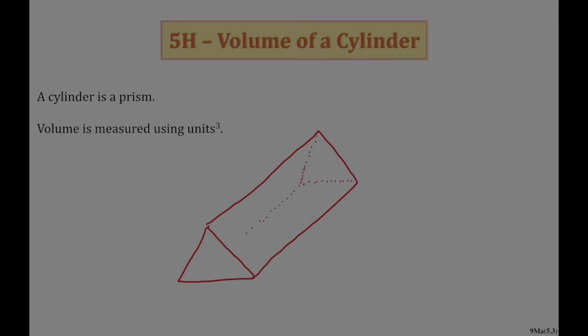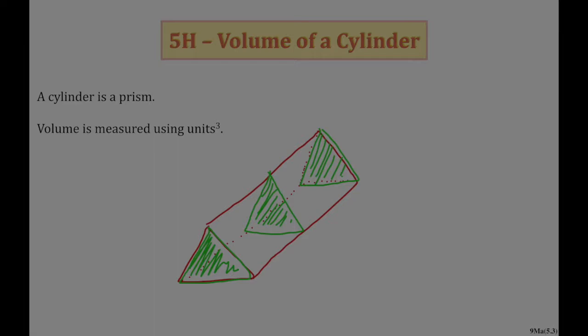If you look at it from front to back, the area of the front part of the shape is the same as the area of the back part of the shape. And it's also the same as if I actually took a cross-section anywhere through it. The cross-sectional area is the same, all the way from front to back. That's what defines a prism.